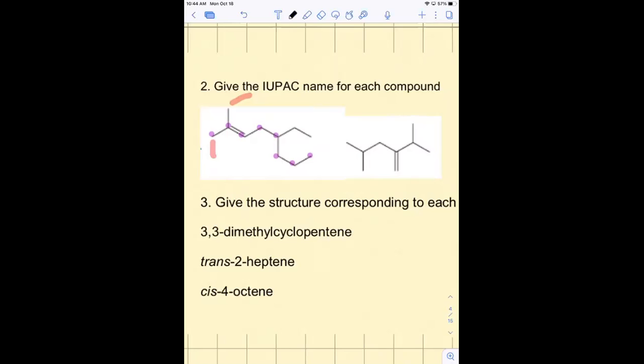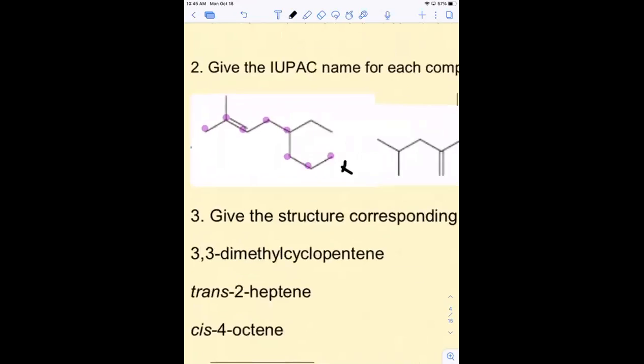Anytime you have a chain, you want to count from the end. In the case of an alkene, you want to start from the end closest to that functional group. You don't want to start counting down here because that's going to give the functional group a higher number than it should have. You always want to give that alkene the lowest number possible. So we're going to start counting from that end.